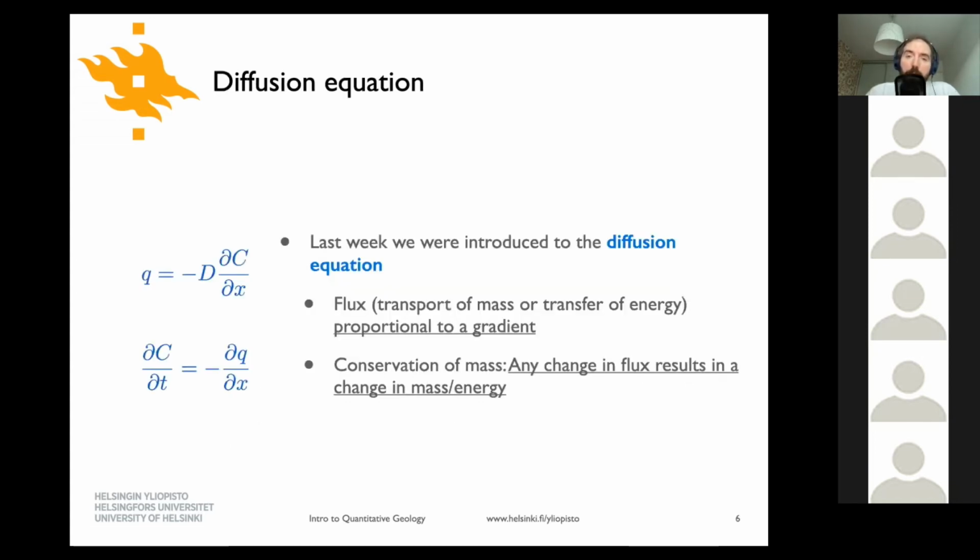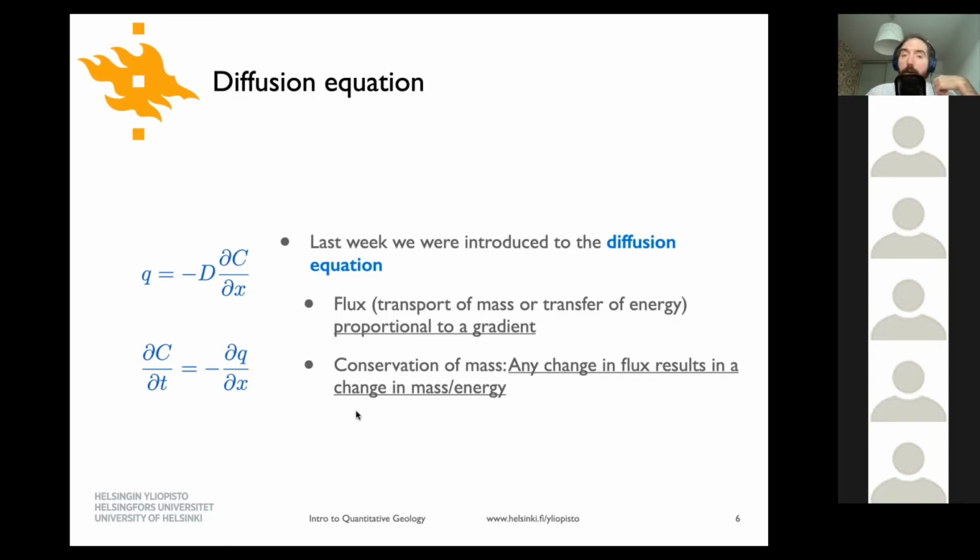So as you'll recall in the lesson from last week, we met the diffusion equation. There were two pieces that went together with it. There was this flux that's proportional to a gradient. So there's our flux term Q. Here's our diffusion coefficient D, and then we had our concentration of atoms of A and some distance over which they were changing in concentration. So that's our gradient term dC/dx. Q is our flux.